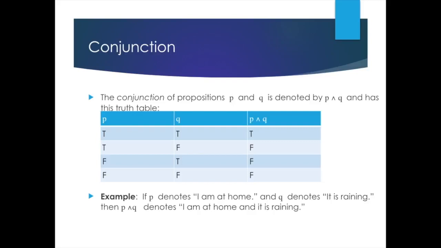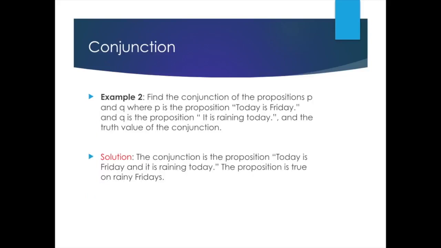If I say P and Q, when you combine them by a conjunction, you are saying I am at home and it is raining. So you combine two statements together by and. That's all.